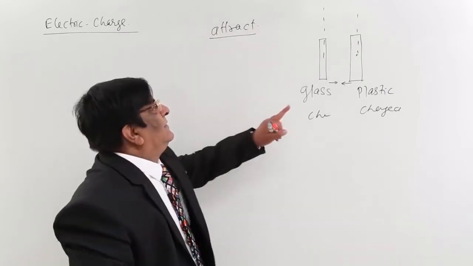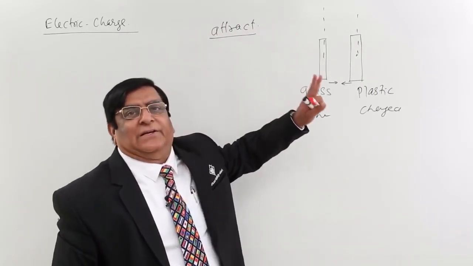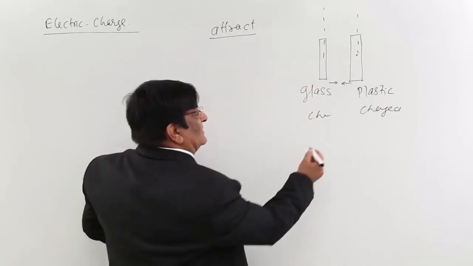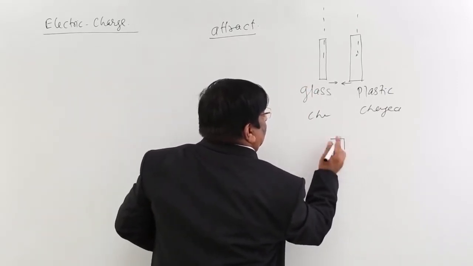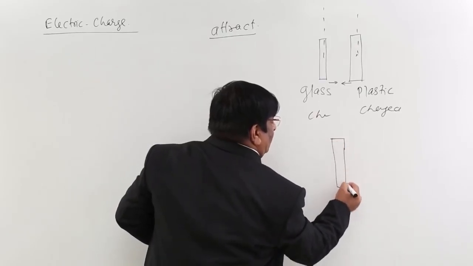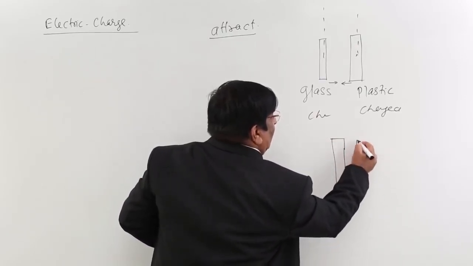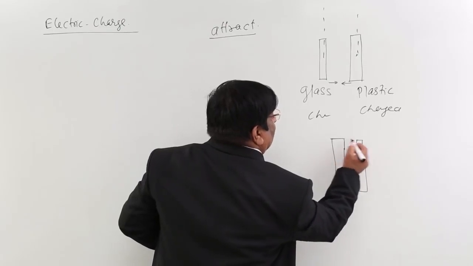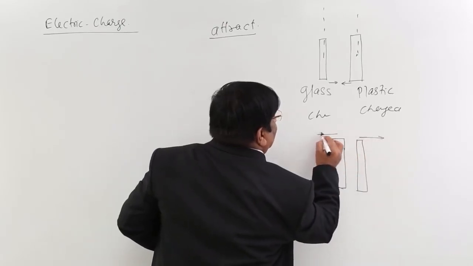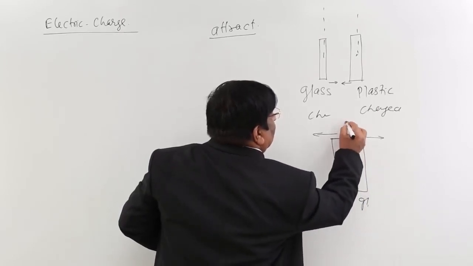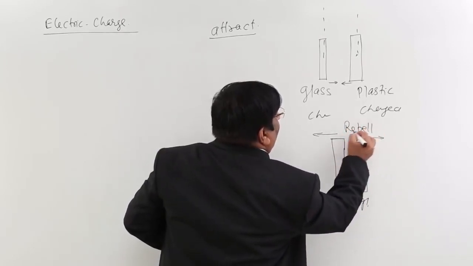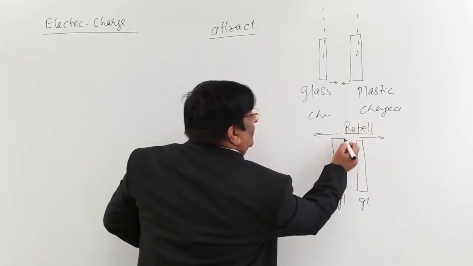This is the property of the electrically charged body. Now what happens, there is a glass tube and there is another glass tube, both are charged, and we bring them close to each other by hanging them, and what we find is that they repel each other, glass and glass. They repel each other.